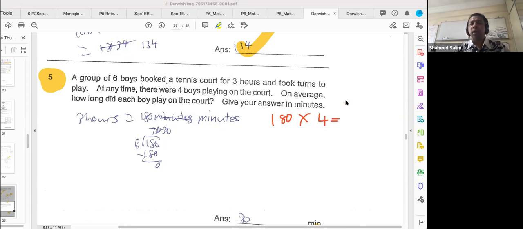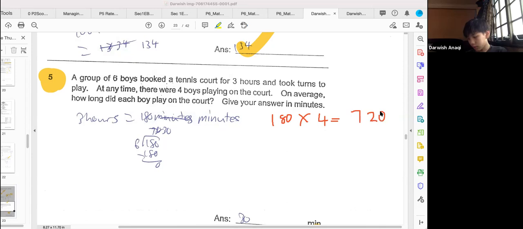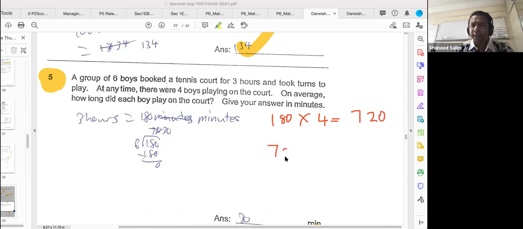What do you get? Use your calculator, it times mentally. 720. Now 720, then you divide by 6. How much you get? 120.